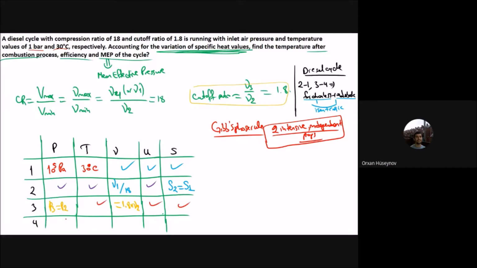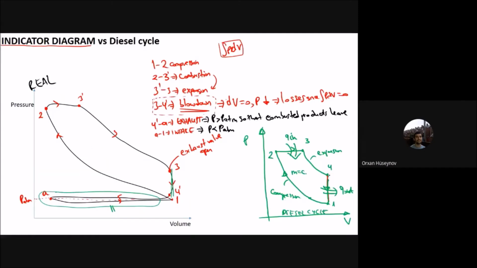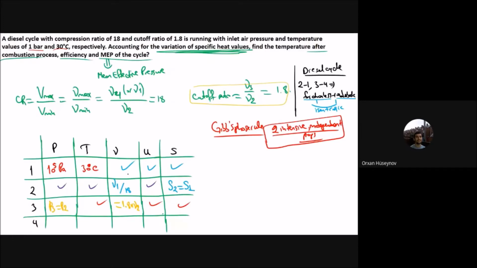Good. Now comes state 4, which is the last state. For state 4, let's have a look at which values I know. I know that the specific volume at 1 is the same as the specific volume at 4.